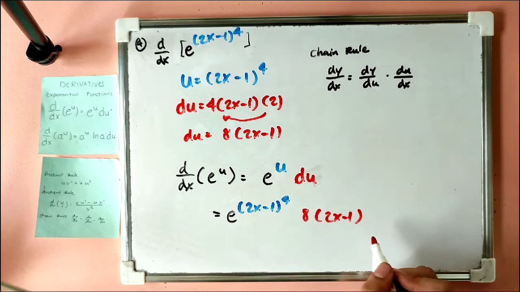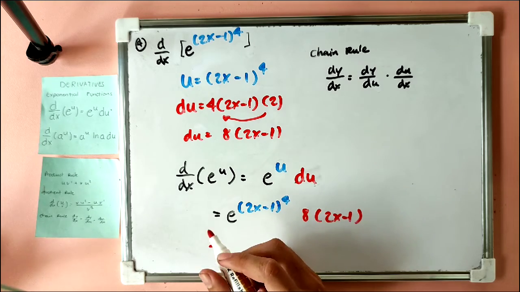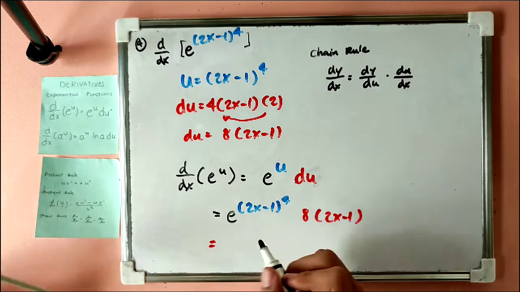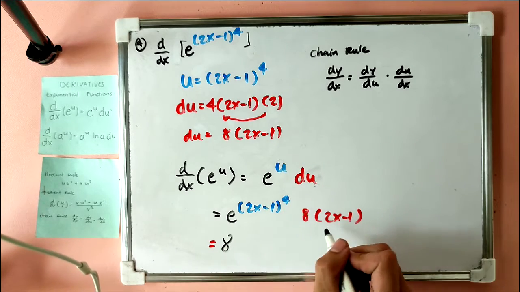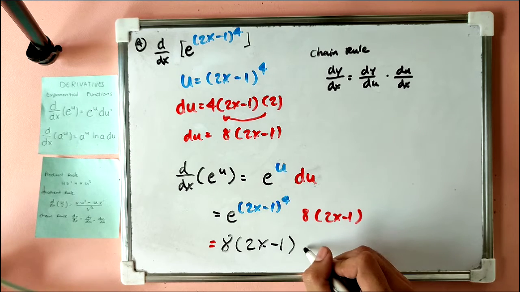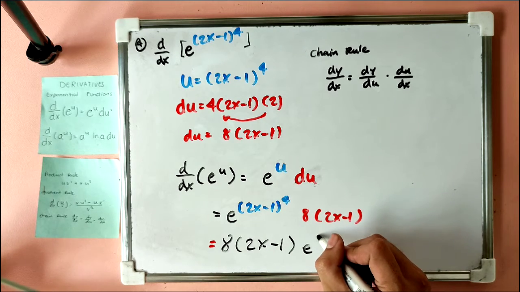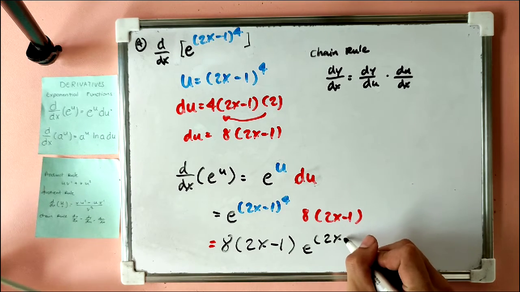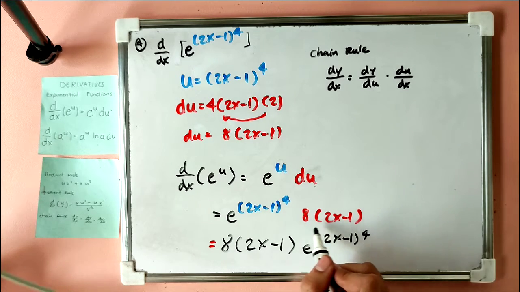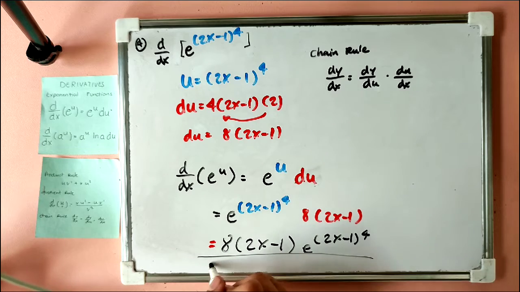So, pwede na siya yung final answer natin. But to be formalized, gawin natin siyang 8 2x minus 1 times e raised to 2x minus 1. Tapos, unahin lang natin itong nandito. Then, that is our final answer.